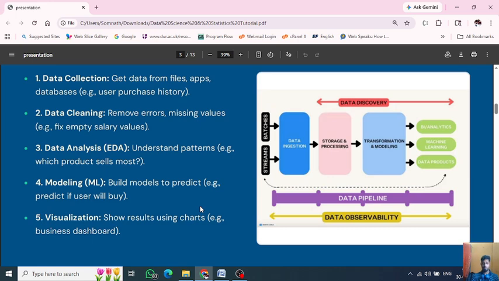Next is modeling. We build a model with the help of the collected, clean data, so that whenever we get new data, we clean it and pass it to the model, and it will predict the future.